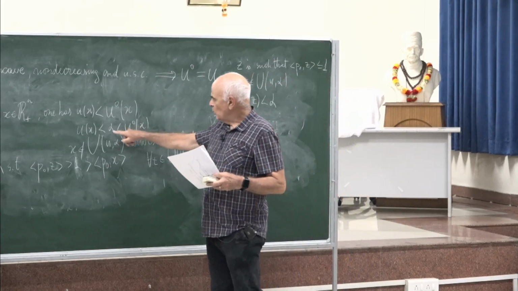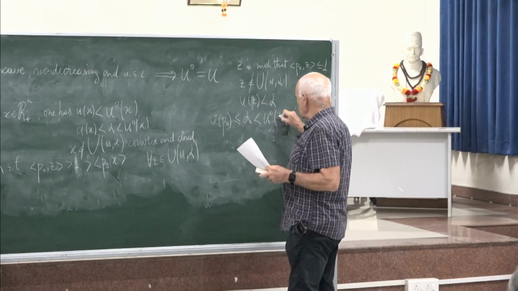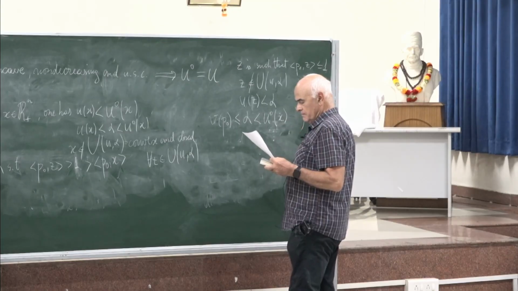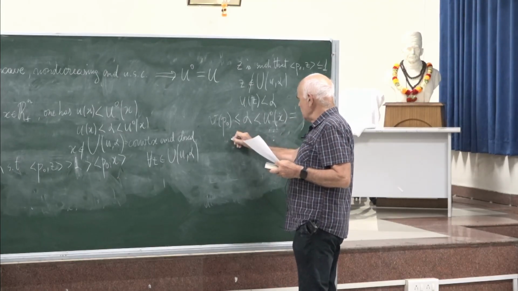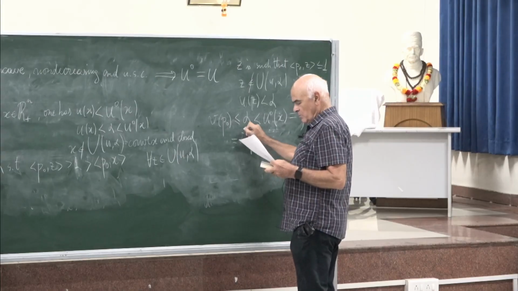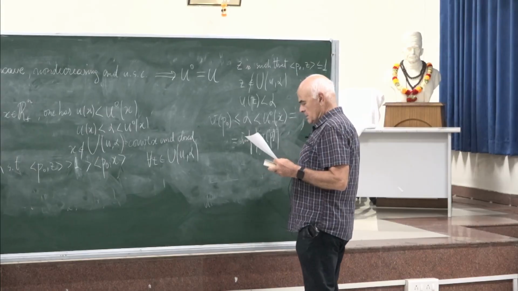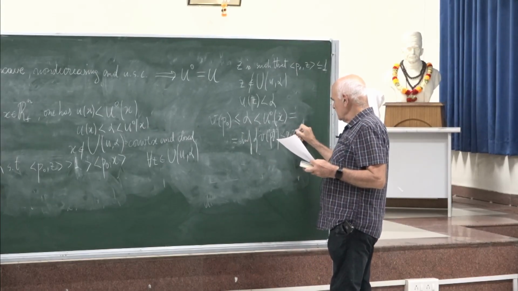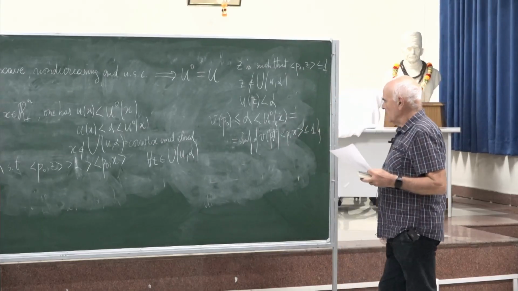And this alpha was taken strictly less than u naught of x, which by definition is the infimum of v of p subject to the constraint p x less than or equal to 1.